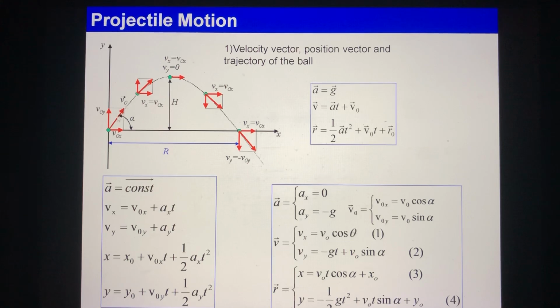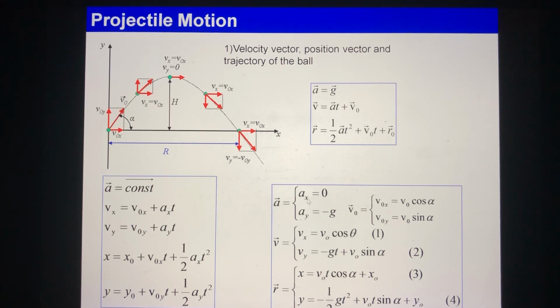Because we pick the positive direction as up and gravitational acceleration is down, therefore ay equals minus g, where g is gravitational acceleration. And we define v0x and v0y based on the angle alpha and initial velocity v0, where v0x equals v0 cosine of alpha, v0y equals v0 sine of alpha.